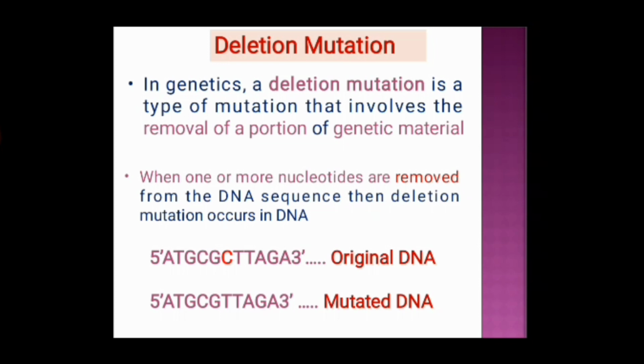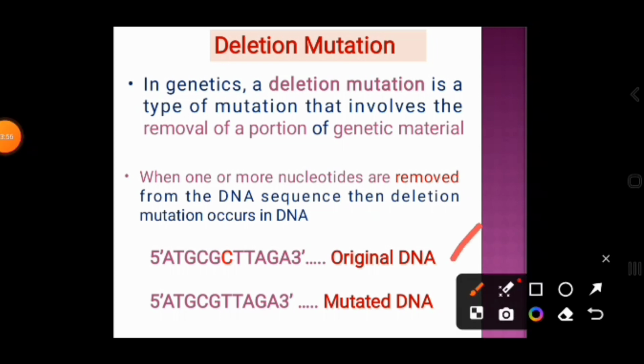This is the original DNA sequence and this one is the mutated version. Here the sequence is 5' ATGCGCTTAGA, and in the mutated version, from the original DNA sequence this C, that is cytosine, is deleted, and in the mutated DNA this C is not present.